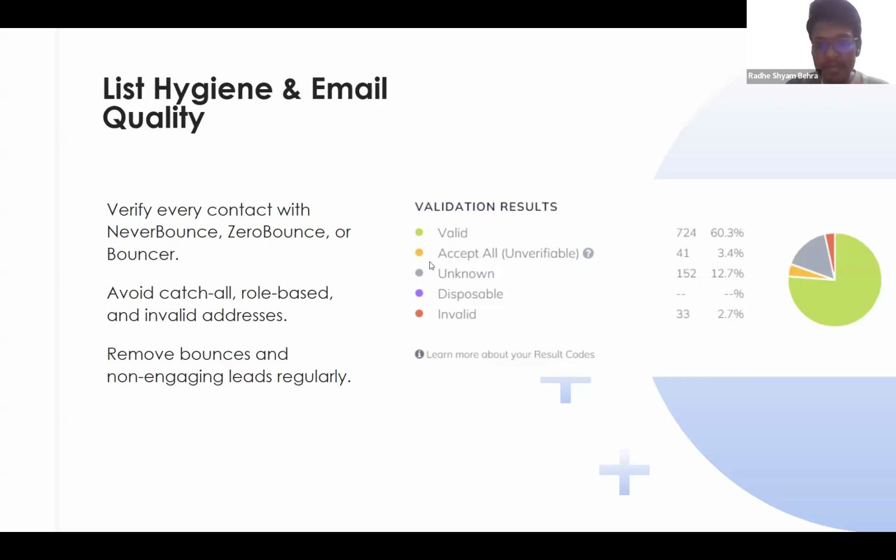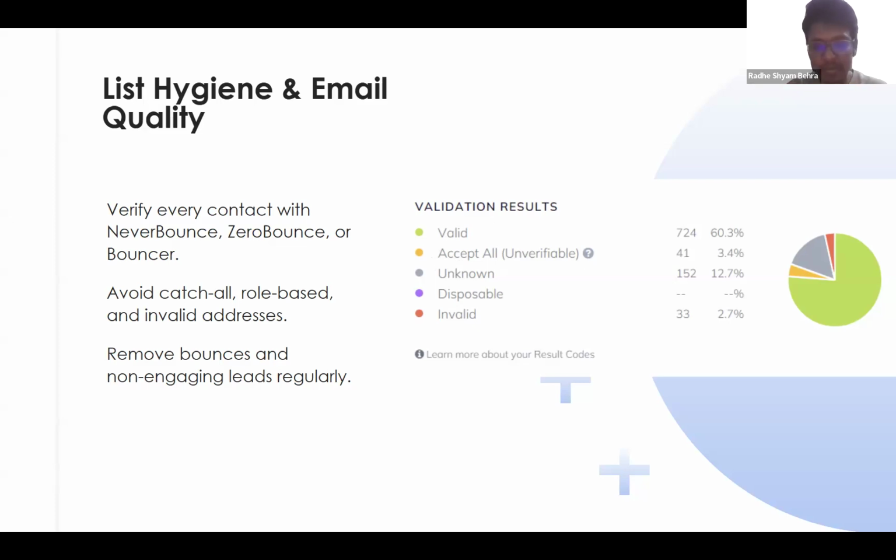Okay. So the next thing is accept all. It is also called catch all. So catch all is basically unverifiable. Can you explain what is catch-all technically? Yes. A lot of B2B companies have certain type of email setups where even if the email does not exist, for example, Ritesh, right?